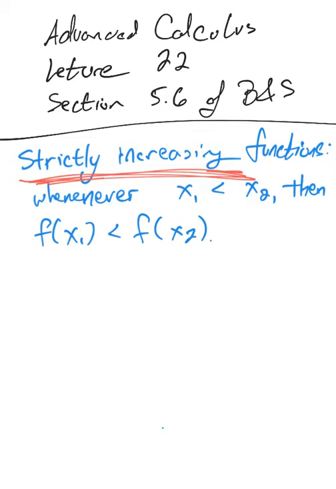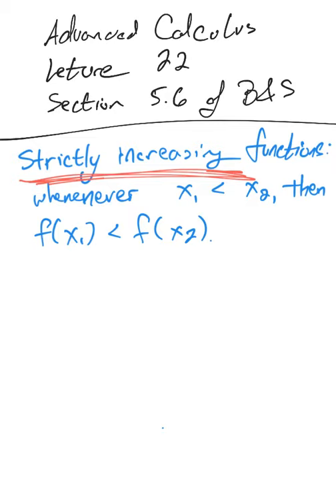We could analogously define a strictly decreasing function. Or we could define, if we wanted to, weakly increasing and weakly decreasing functions. But our theorems today are about strictly increasing functions.